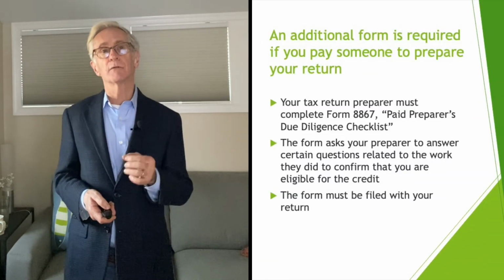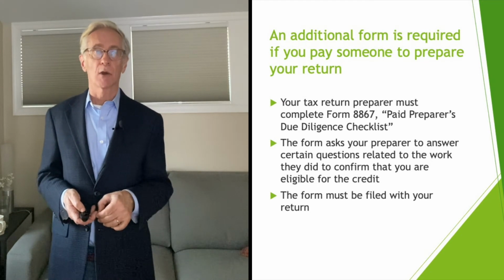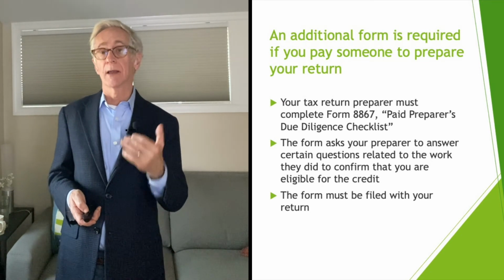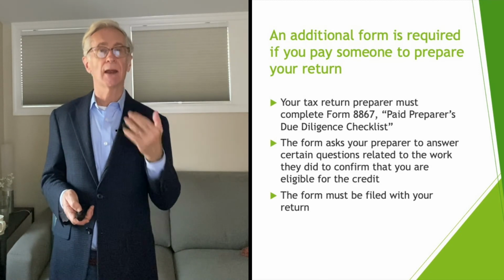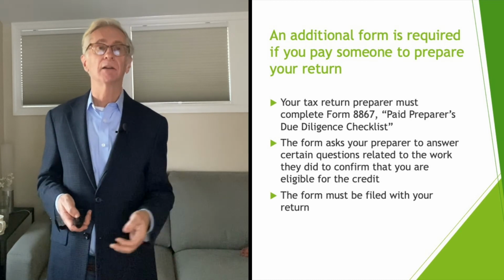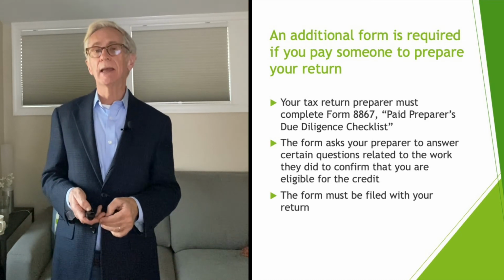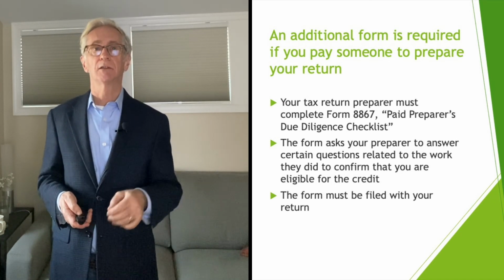There's an additional form required if you pay someone to prepare your return. Whoever that preparer is, they should know this, and they should give that form to you and file it, or if they're filing, probably electronically, they'll file it for you. It's Form 8867. It's called the Paid Preparer's Due Diligence Checklist.